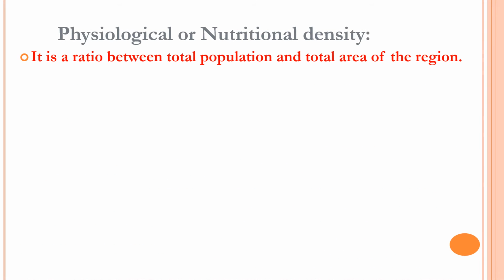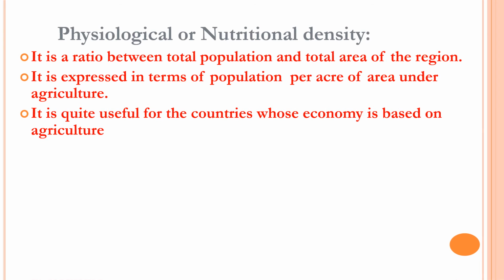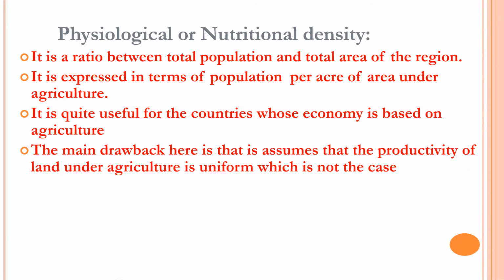The next density is nutritional density. It is a ratio between the total population and the land under agriculture, expressed in terms of population per acre under agriculture. It is quite useful for countries whose economy is based on agriculture. The main drawback is that it assumes the productivity of land under agriculture is uniform, which is not the case.